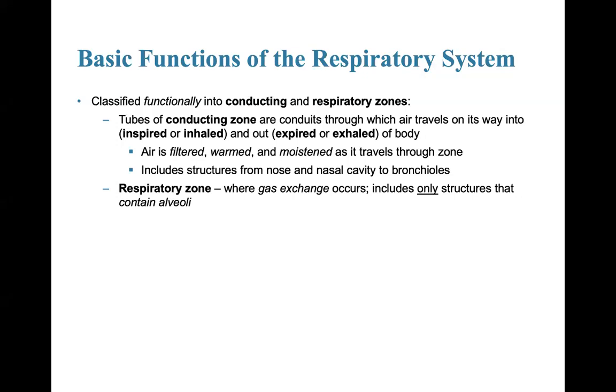As air is inspired, it is filtered, warmed, and moistened, and this includes the structures from the nose and the nasal cavity all the way up to the bronchioles. The respiratory zone, on the other hand, is where the actual process of gas exchange occurs. It includes only the structures that contain alveoli.